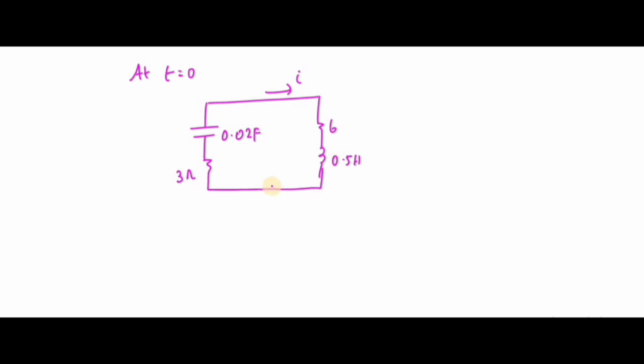Now you can see I have R, L and C. These two resistors are in series, so RLC are in series, and it is source free. There is no voltage source or current source.